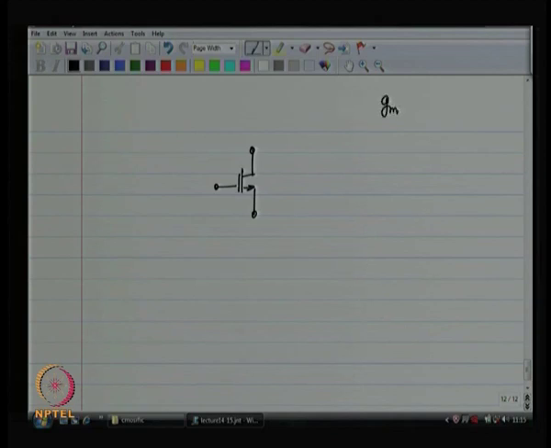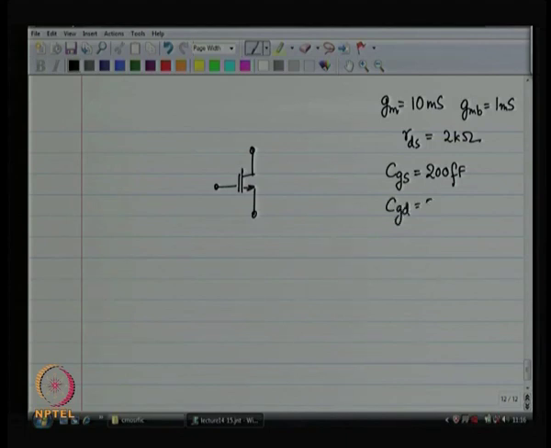Let us say gm was 10 millisiemens, gmb was 1 millisiemens, rds was 2 kilo ohms, then I had Cgs of 200 femtofarads, Cgd of 50 femtofarads, C drain to body of 100 femtofarads, and C source to body of 150 femtofarads. These were the numbers we started from.